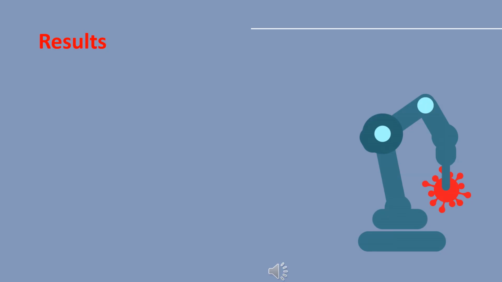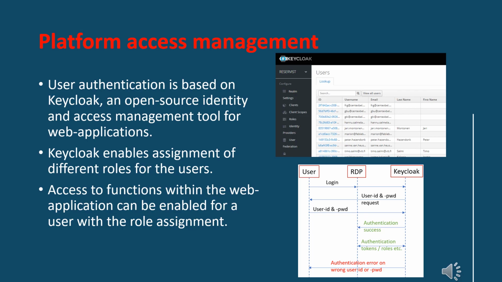And now we go to the results. User authentication is based on Keycloak, which is an open source identity and access management tool for web applications. By using Keycloak, it is possible to assign different roles for the users.